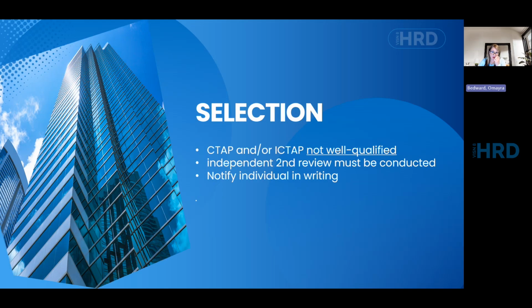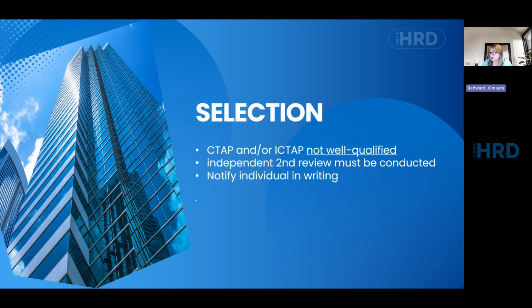Now, the last point that we want to cover is the selection. If, when you're reviewing the candidates, qualifying them, the HR specialist finds that the CTAP and/or ICTAP employee or eligible applicant is not considered well qualified, then a documented independent second review must be conducted, and the individual must be informed of the results in writing, to include the information on the independent second review.